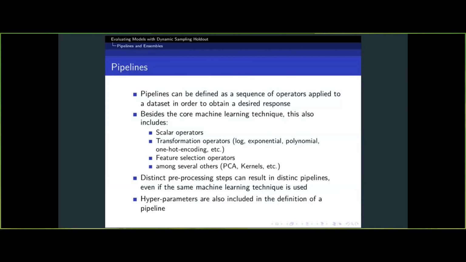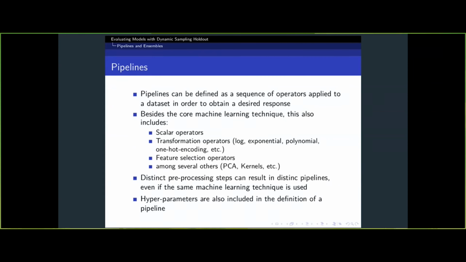Following, pipeline is an expression that will be heavily used here. A pipeline can be defined as a sequence of operators applied to a dataset to obtain some response. So, besides that core traditional machine learning technique, a decision tree, for example, a pipeline also includes scaler operators, transformation operators such as log, exponential, etc., feature selection, among several others.